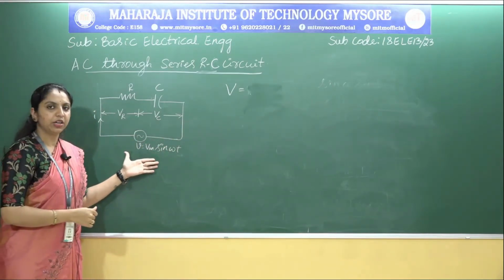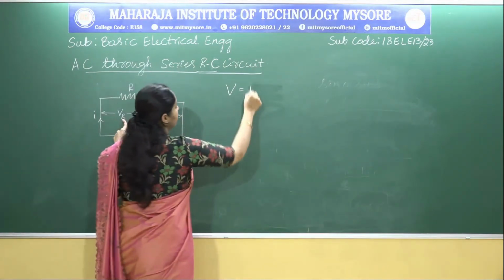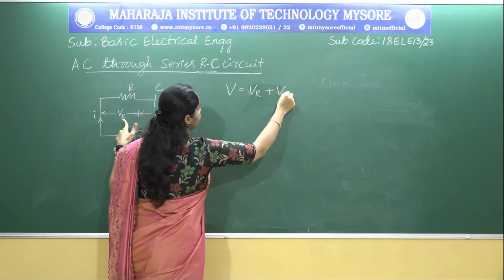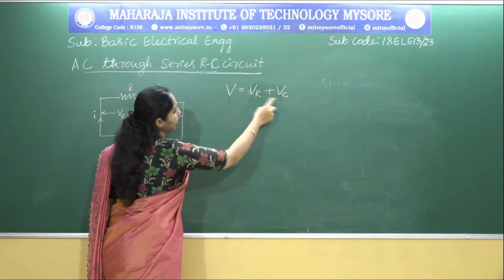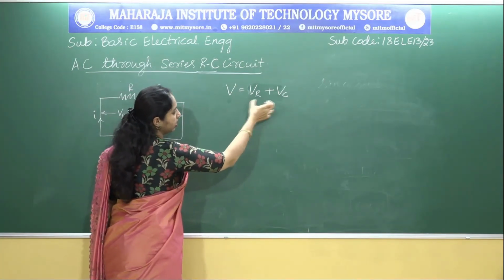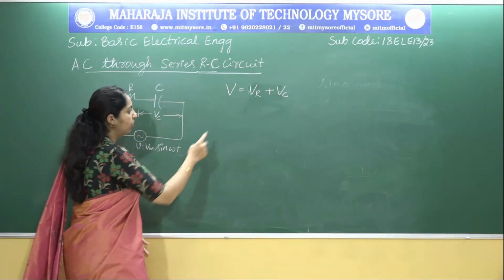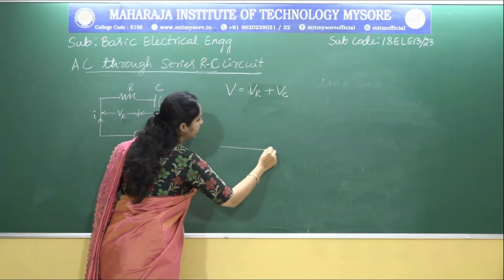So we can write the total voltage V is equal to the voltage drop across R plus the voltage drop across C. Now based on this expression we can draw the phasor diagram.